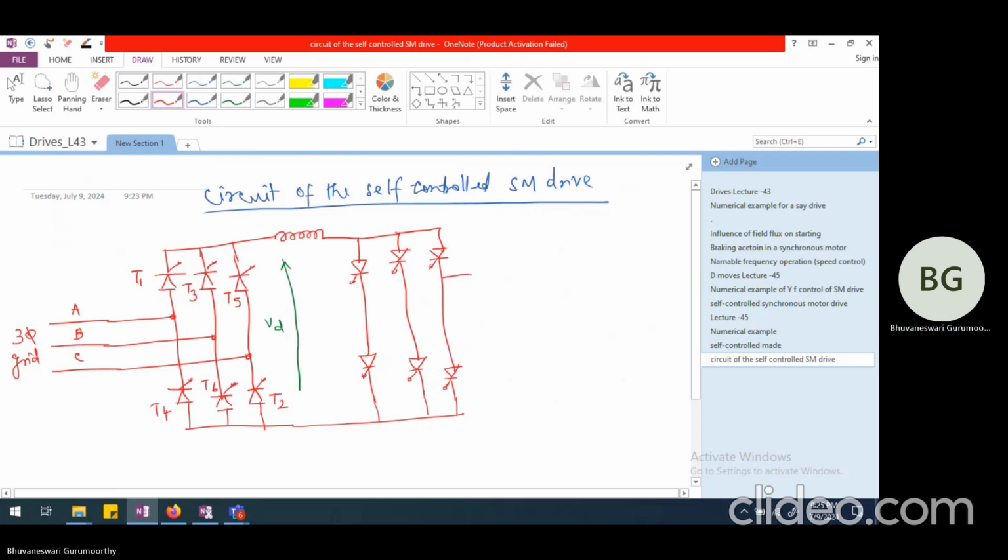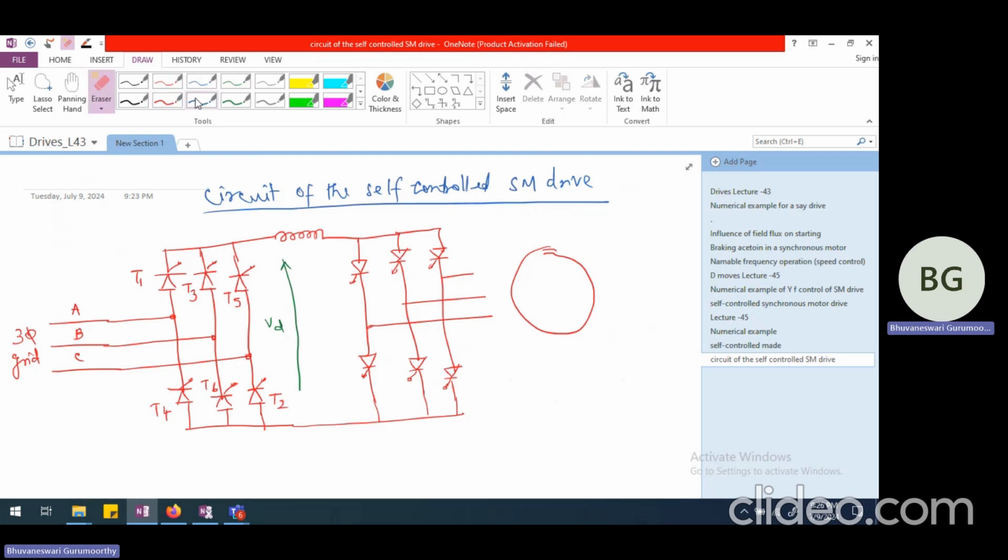So we are going to look at these three phases directly being connected to the synchronous motor drive on this. And let us say this synchronous motor is probably having a salient pole. So let me show the rotor as well. And maybe here is the salient pole structure in the rotor. So let me connect this to the synchronous motor drive.